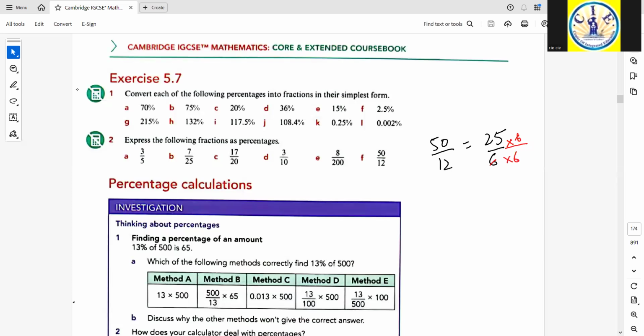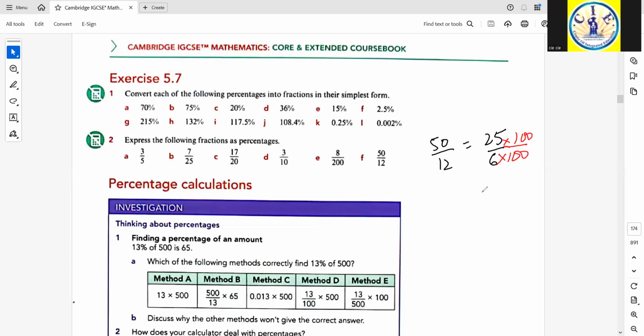So our motive would be again to have 100 in the denominator. So in this case, it is not required to just multiply and divide by 6. So what should we be doing? We should be doing it in a way that there should be 100 in the denominator as well as in the numerator.